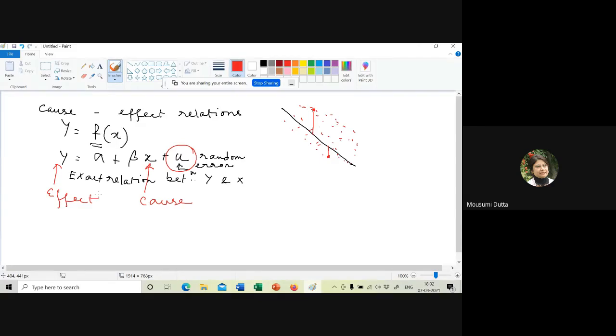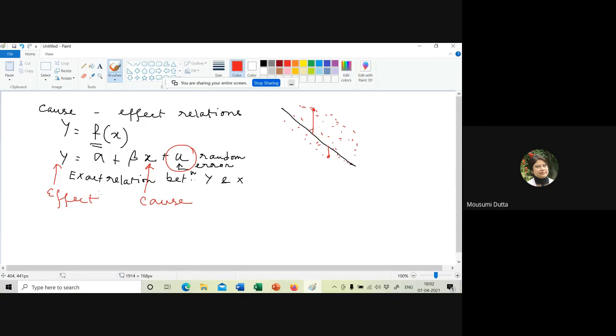Now, if you just throw anything in a pond, it will sink. So here really there is cause and effect kind of thing. If you touch something hot, you will have some kind of sensation. So really there is some cause and effect kind of thing. In reality, when you are collecting data and trying to frame the model, always it is not the cause and effect kind of thing.